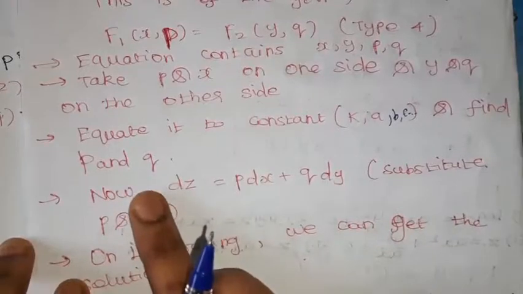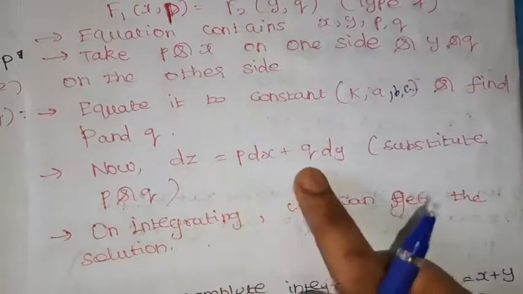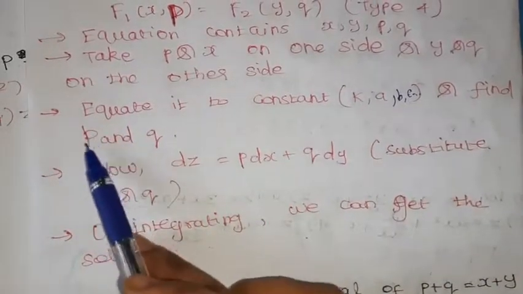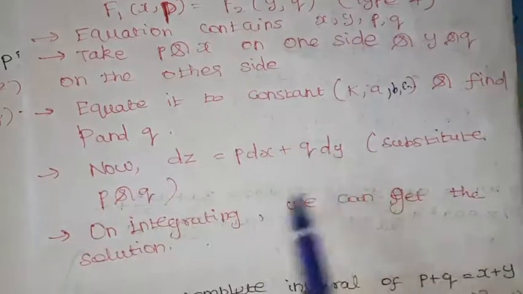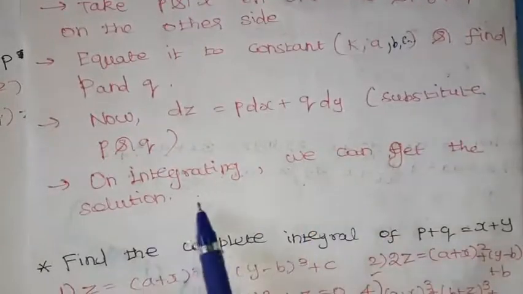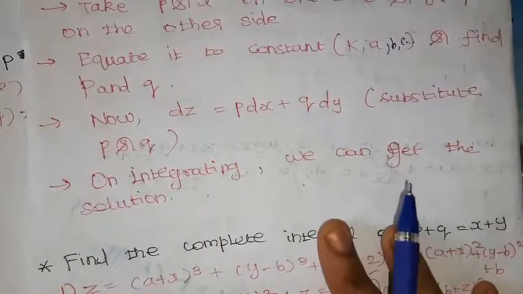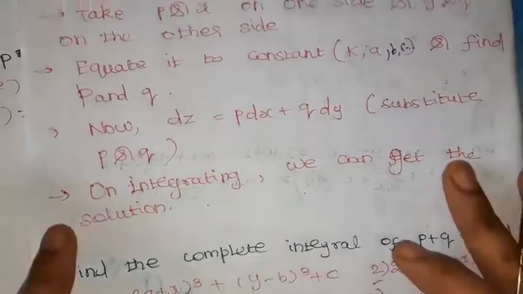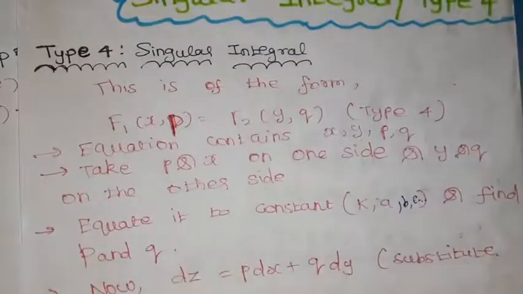Then dz equal to p dx plus q dy. Substitute the p value and q value here. Then integrating that equation, we can get the solution of the given differential equation. So this is the step to solve the type 4 singular integral type.